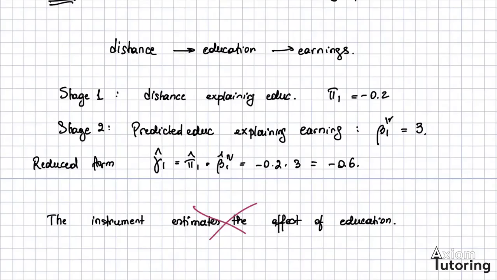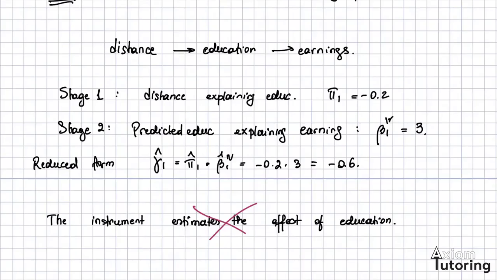Now, this is the most intuitive way to see also why the ratio works. Think of the instrument as giving basically education a small push. So 1 additional kilometer reduces education by 0.2 years, and that same push reduces then earnings by 600 pounds.